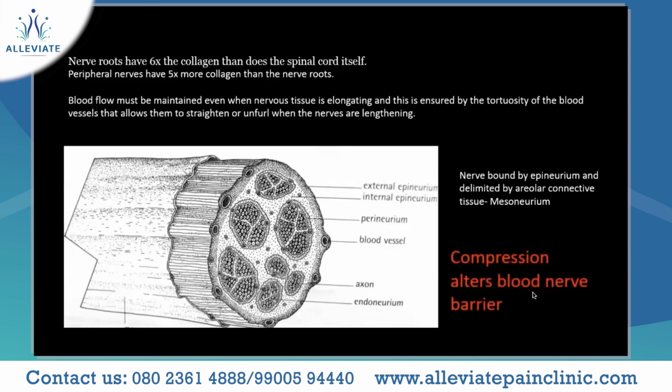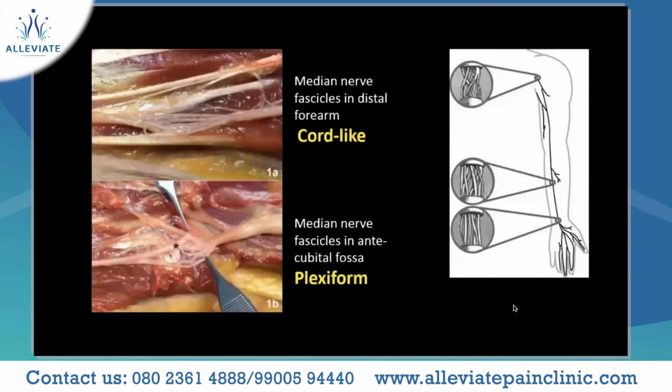Compression alters the blood nerve barrier. So this is the proximal end, distal end. The nerve can be like cords, or you can see a plexiform shape. Mostly in the proximal end it is plexiform and distally it is like cords.